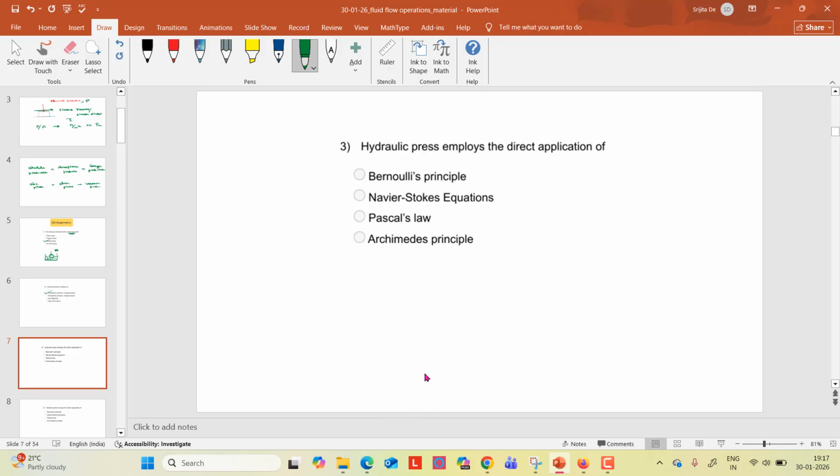Next, hydraulic press employs the direct application of Bernoulli's principle, Navier-Stokes equations, Pascal's law, Archimedes' law. So what does Pascal's law state?